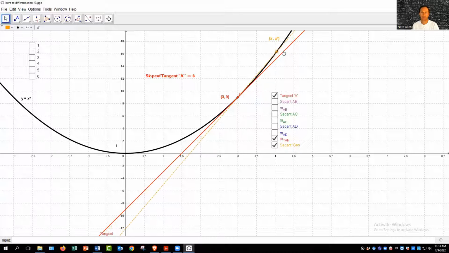Well, same way we did all the other ones. We would take the y2 minus y1 over the x2 minus x1, and that would be the slope of the secant, the 2 points. And the process that we're going to call moving this thing closer and closer and closer is called the limit.